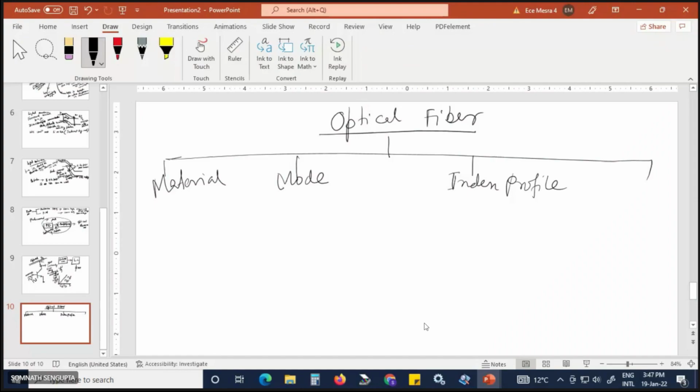Based on material, it is glass or plastic. Based on mode, it is single mode and multi-mode.